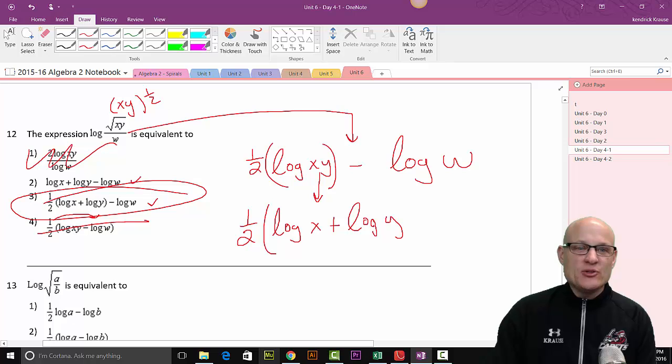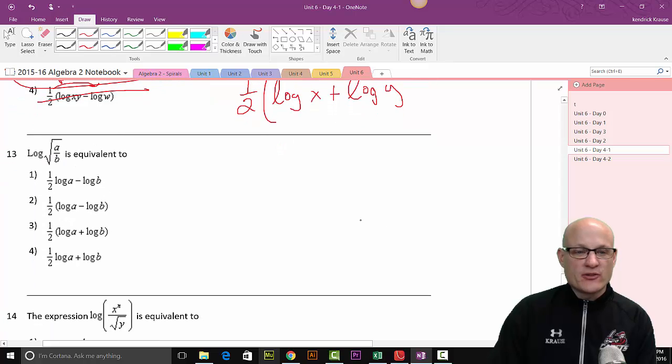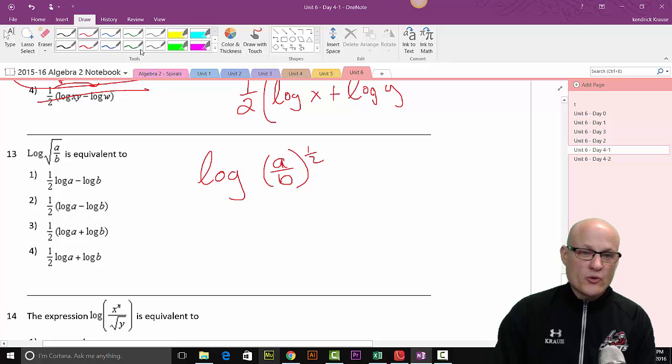And anytime you see something that's got a multiple like this, it's probably either going to be in parentheses or it will have been distributed. All right, kids. Now, be careful on this one. So, this is the same as log A over B to the 1/2. Notice this whole thing is under the radical.